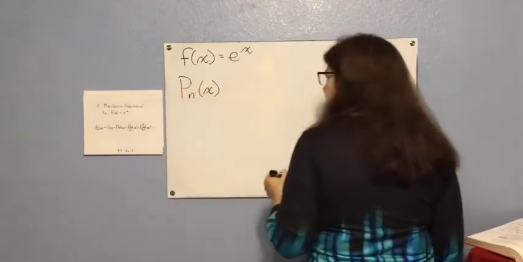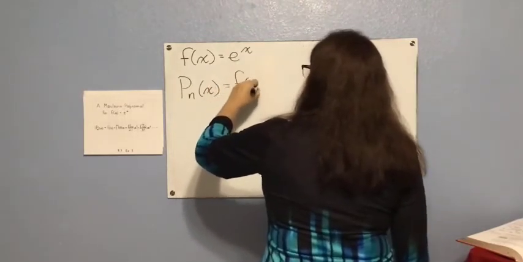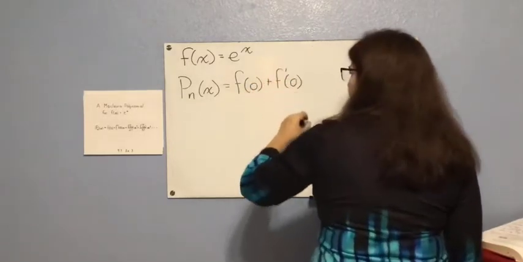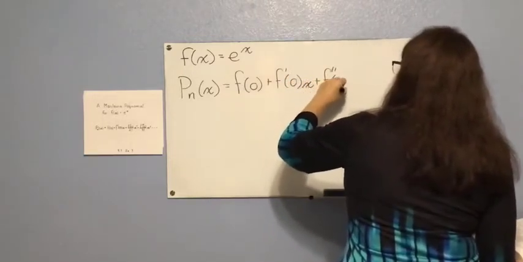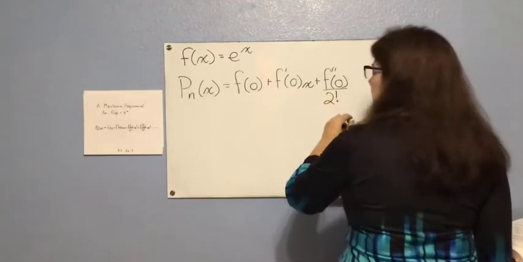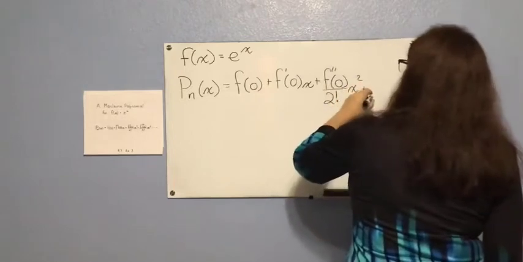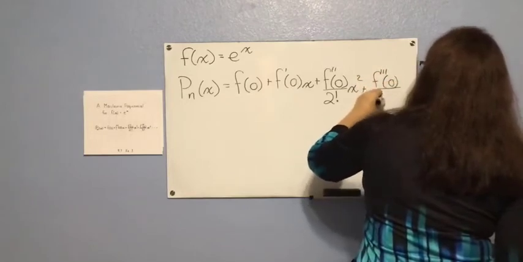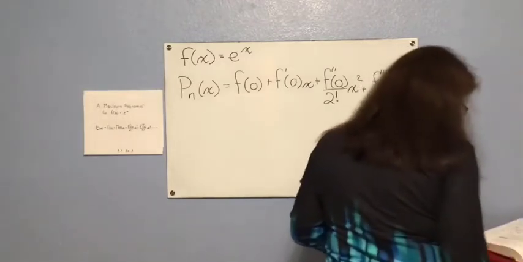Again, we're assuming that c is 0, so this would be f at 0 plus f prime at 0 times x, plus f double prime at 0 over 2 factorial, which is just 2, times x squared, plus f triple prime at 0 over 3 factorial times x cubed, and so on.